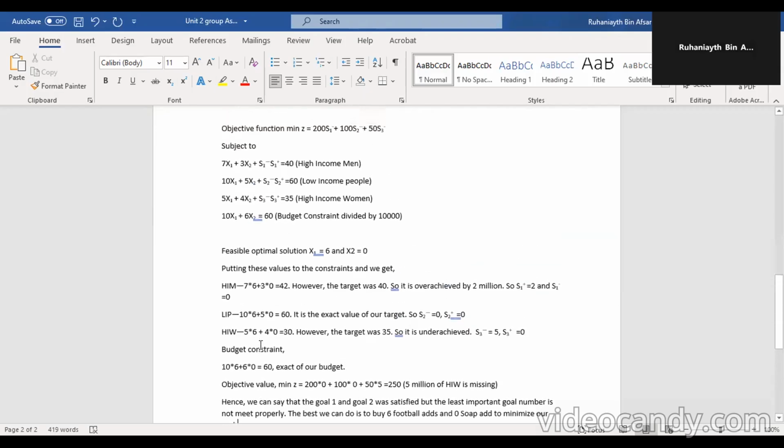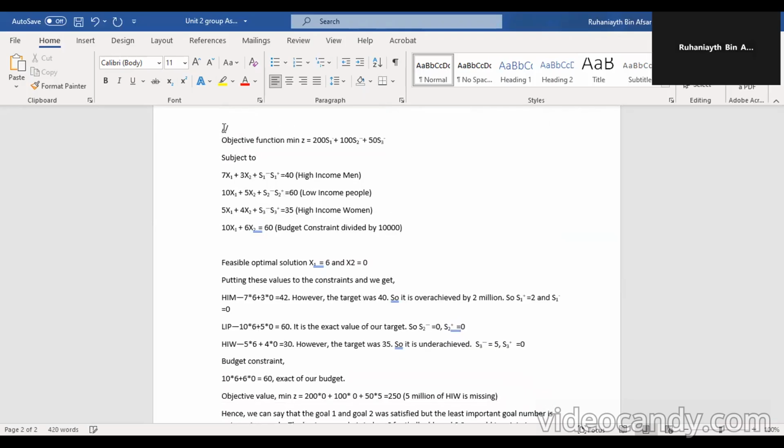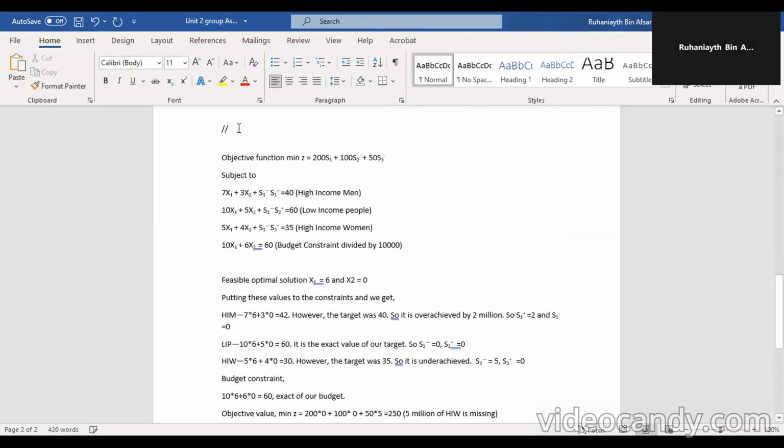So that's it. That's the problem. Let's give it a name, like check all the goals and compute the deviations.